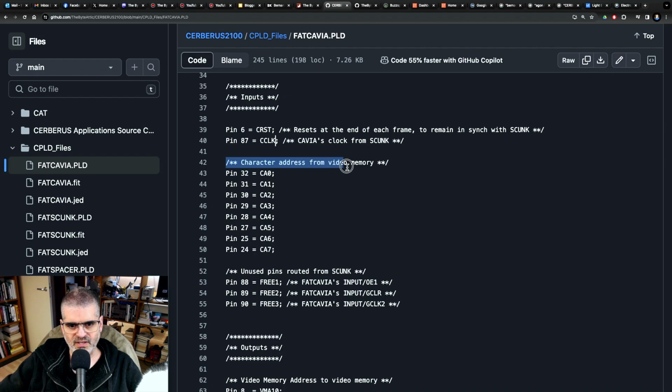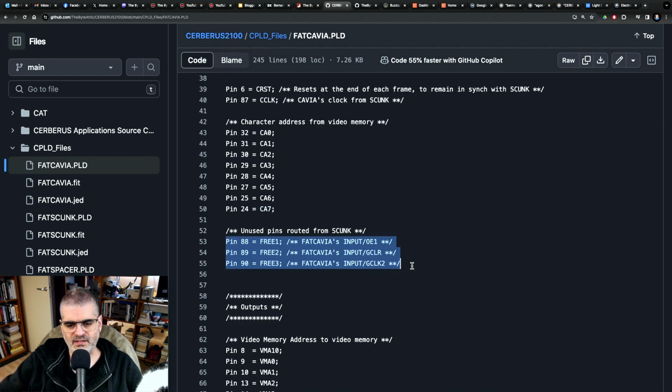These pins here are the output of video memory. The output of video memory is a character code, which becomes part of the character address. So I'm calling them character address 0, character address 1, until character address 7. These are the most significant bits of the address for the character memory. The 3 least significant bits are a separate counter that I'm going to show.